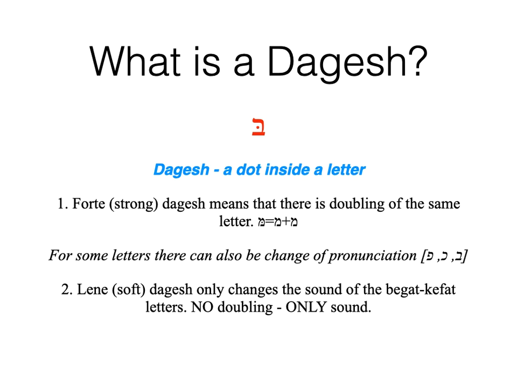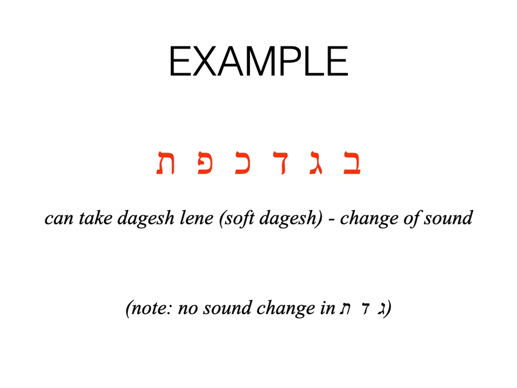Now there is such a thing as Dagesh Lene. And the only purpose of Dagesh Lene is to change the sound. So this is going to be found only in those letters that do change these sounds. And they are called Begat Kefat for a very simple reason: if you put them next to each other, the sound they make is Begat Kefat. Okay?